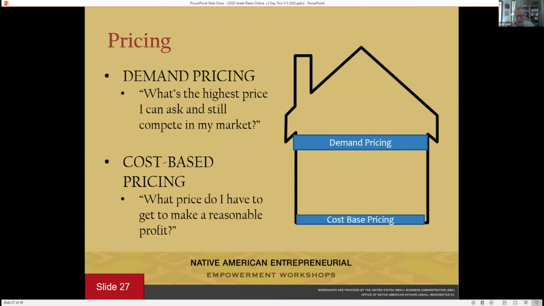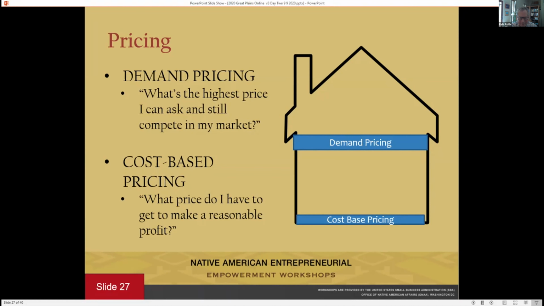So if you're in the contracting business, are you in demand pricing or cost-based pricing? If you're in a retail shop, are you demand pricing or cost-based? If you're running a food truck, demand or cost? If I'm contracting with the federal government, is it demand pricing or cost?